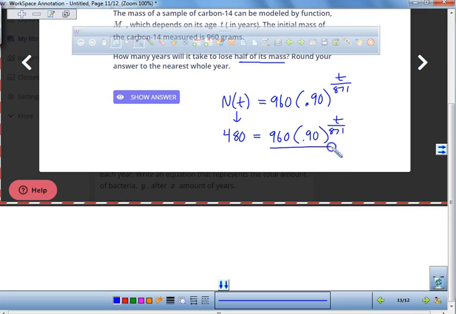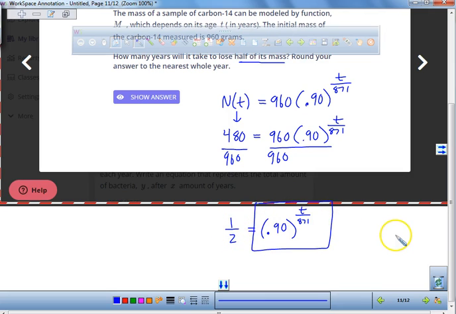Now, if we divided both sides by 960, this becomes what? Half. And this is raised to the power of t over 871. So we're trying to figure out, right now, when does this equal what? 1/2.